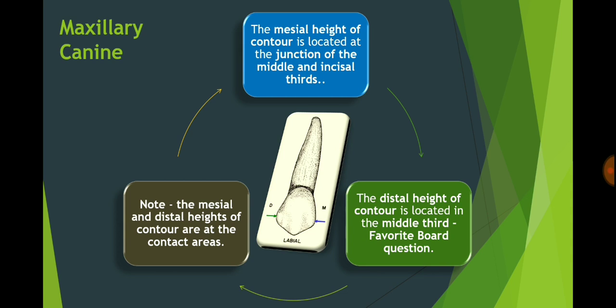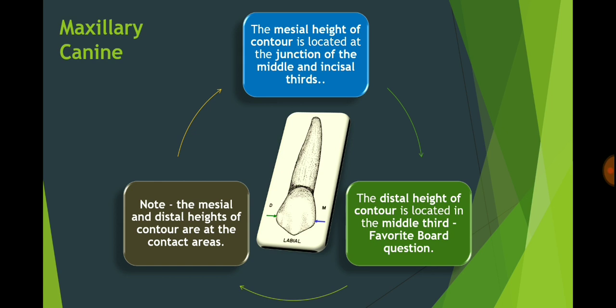So a very important slide. Make sure when you are reviewing each tooth, you put all the information together. Don't say, oh, I just reviewed this, now I can review that. You have to connect the information, link the information, so it makes it easy for you.